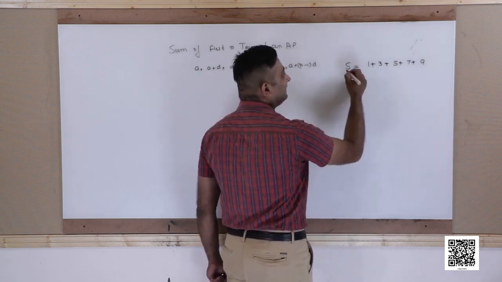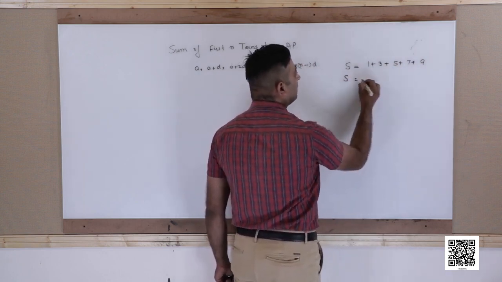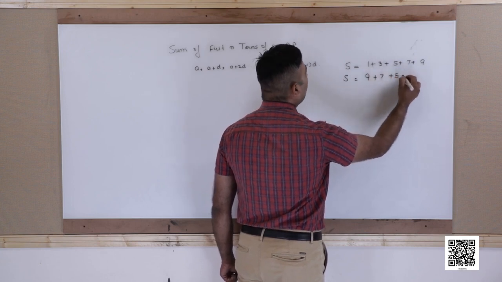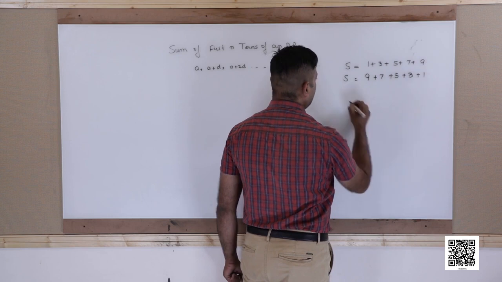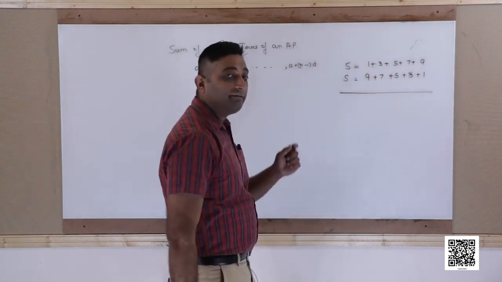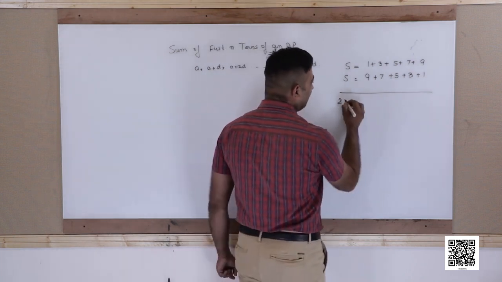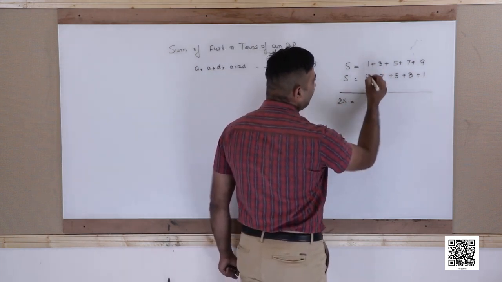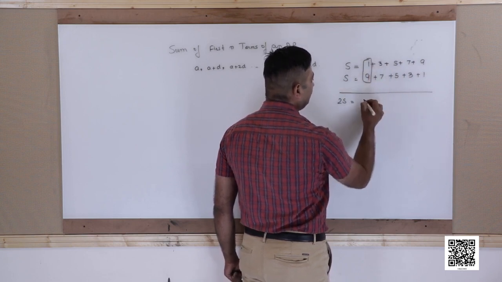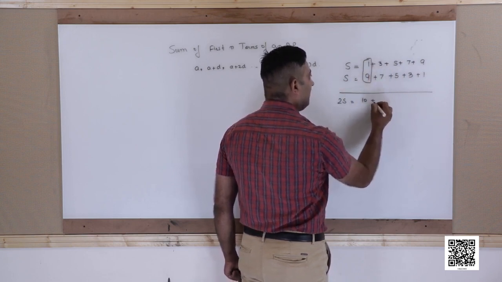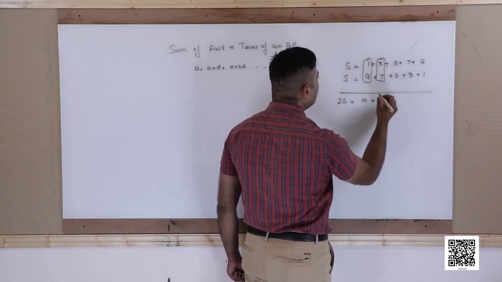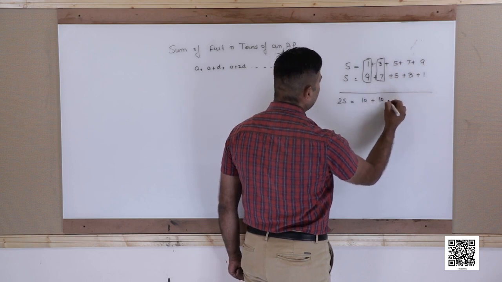Now writing these terms in the reverse order, we will write 9 plus 7 plus 5 plus 3 plus 1. When we add these two equations, we will find a very interesting fact that on the right hand side, when we add these terms, 1 plus 9, we will get 10. And when we add second plus the second last term of the AP, that is 7 plus 3, we also get 10.